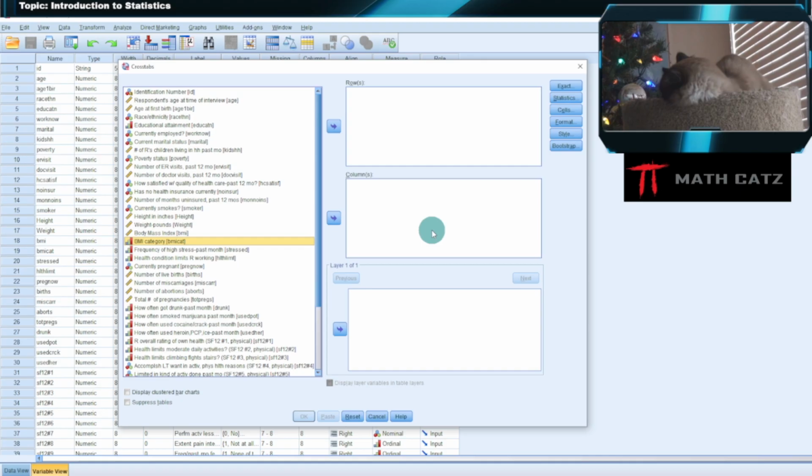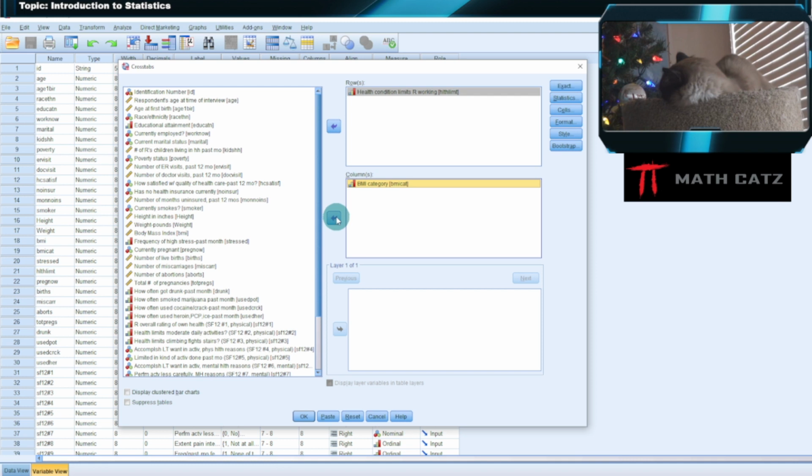We're looking for our health limit variable, and we're going to click on the arrow here to put it in the rows box. Then we're going to look for our BMI categories variable, and input that in the columns box by clicking on the arrow.